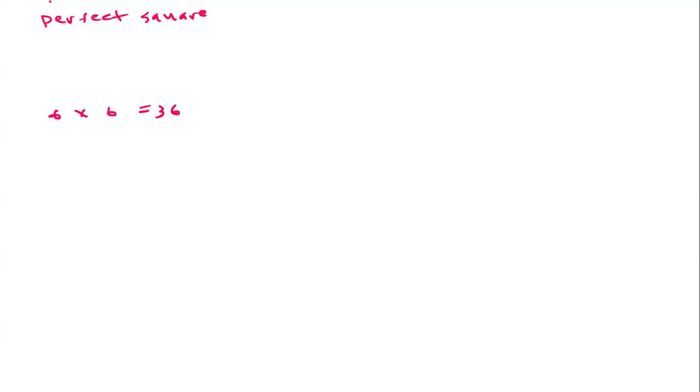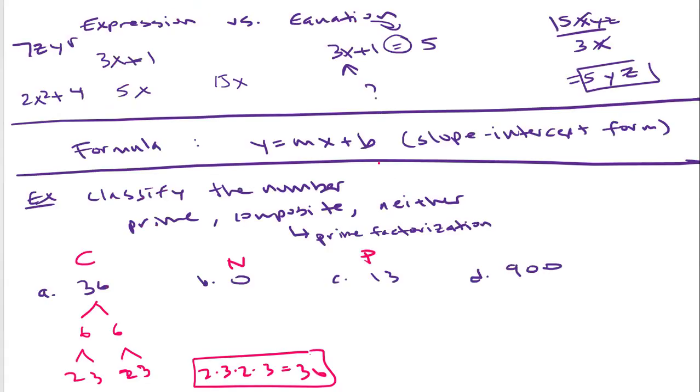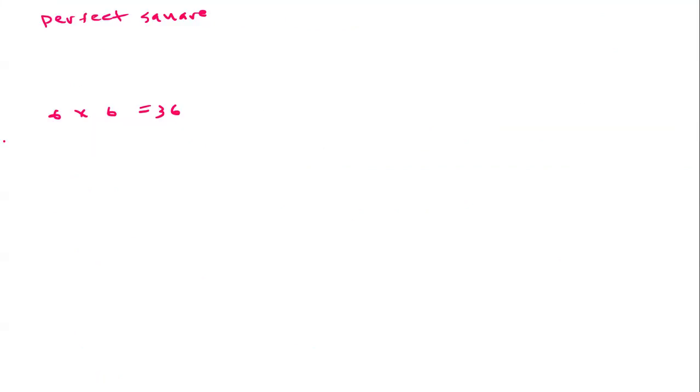Well, let me see. Is 900 a perfect square? It's 30 times 30, isn't it? Yeah, you're right, it is. Okay, what else?